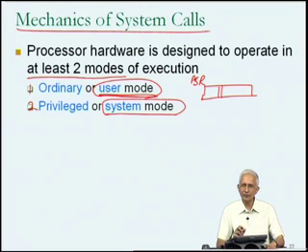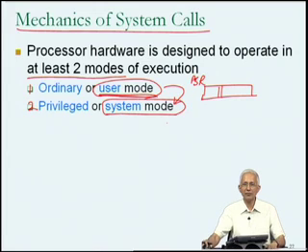Therefore, as far as the mechanics of a system call is concerned, we understand that if I write a program which makes a system call, then in order to execute the system call, my program has to change mode from user mode to system mode. And there is no other way that my program can execute the system call, because the system call code is basically going to contain privileged instructions. How can this change of mode take place?